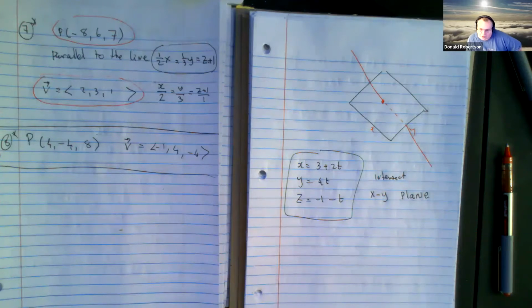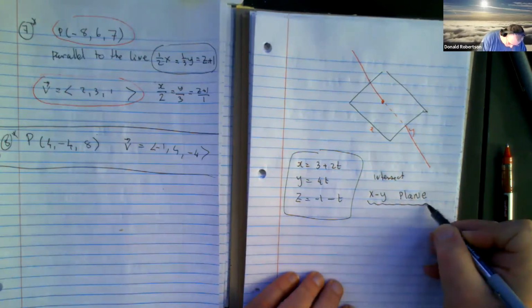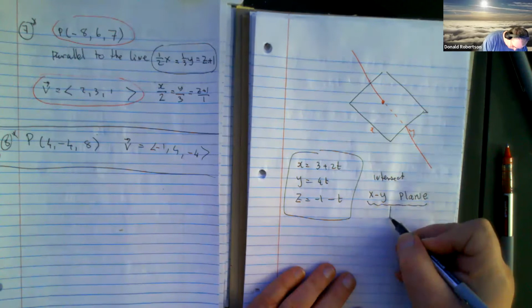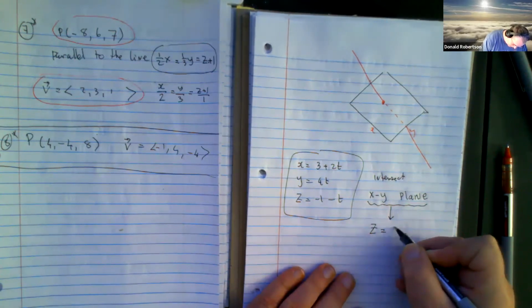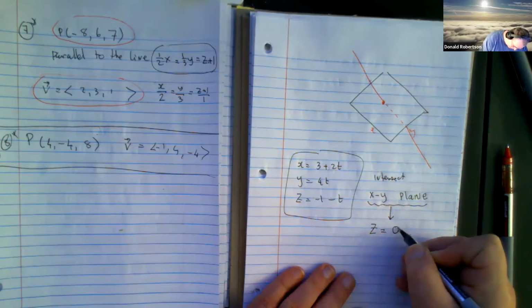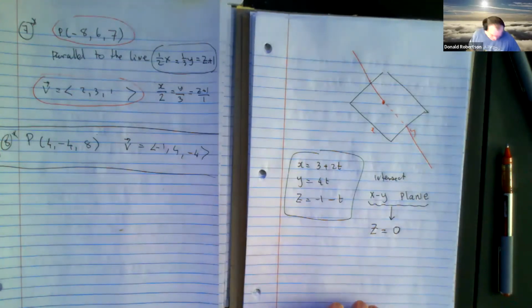Since I know that the straight line is only going to meet it once, I'm going to write the XY plane as the Z values all being 0. Does that make sense, that on the floor, the XY plane, Z is 0?